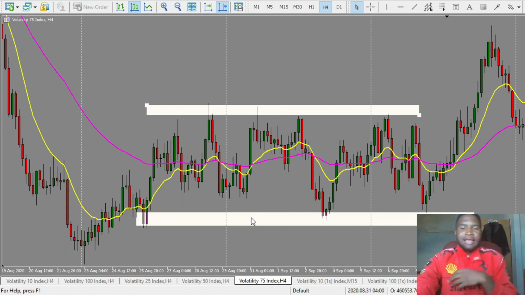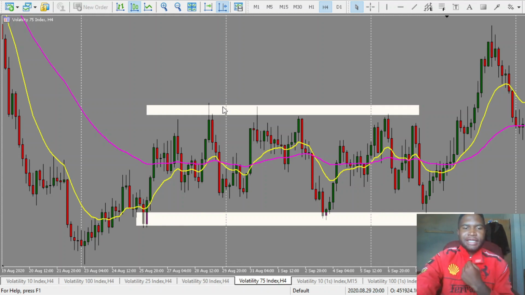Now, it's a little bit different from a trend market structure in the fact that when we are in a range market structure, price is looking as if it is moving in a straight line without any clear direction to the upside or to the downside, and you find out that it will continue to respect previous levels of support together with previous levels of resistance.